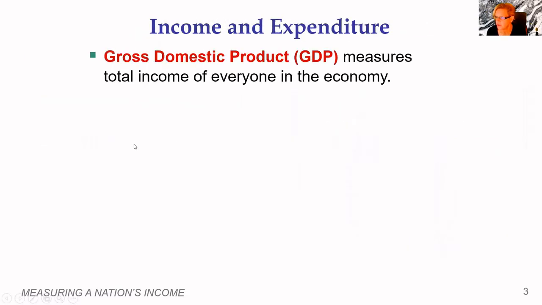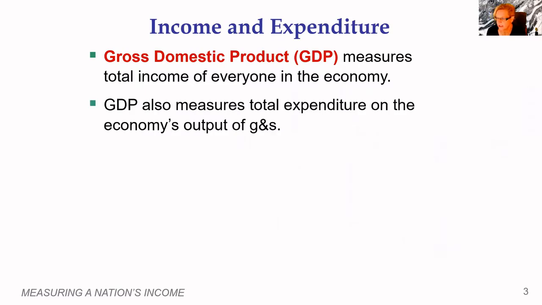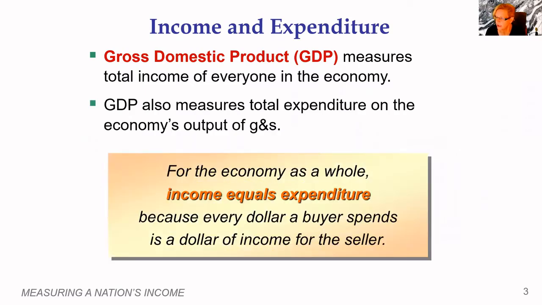Okay, so income versus expenditure. We can take everything that is produced within an economy and add it all up, or we can take everything that is spent in the economy. The total income would be, for example, the rent, wages, and profit, summed up for the entire economy.